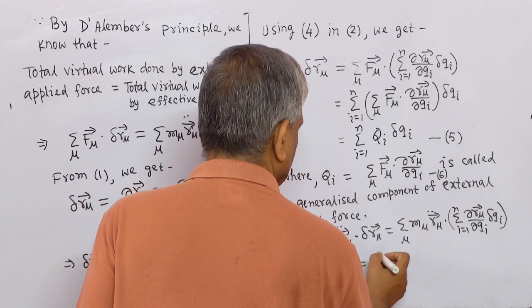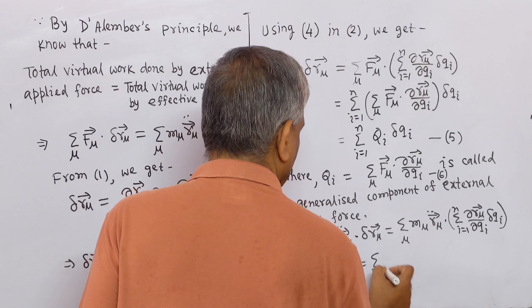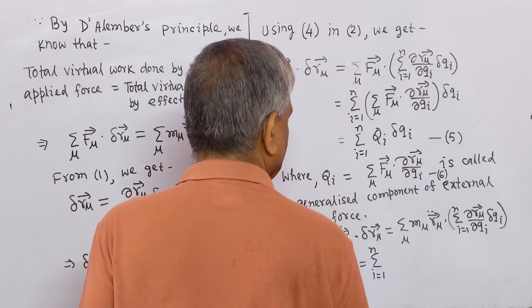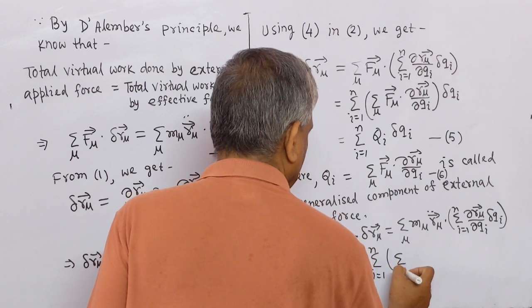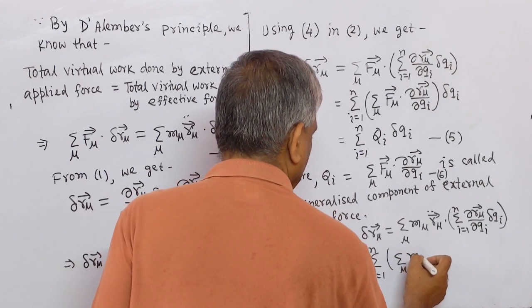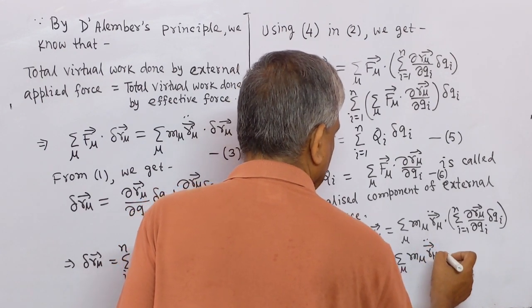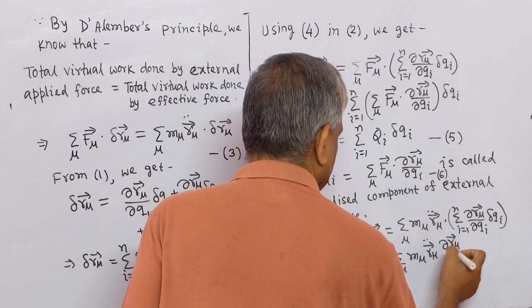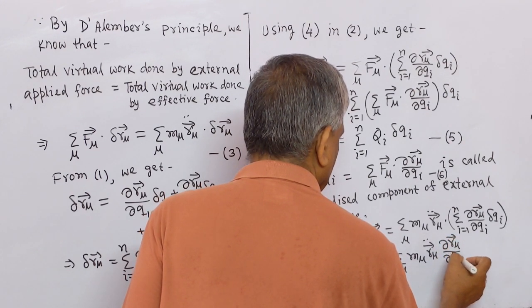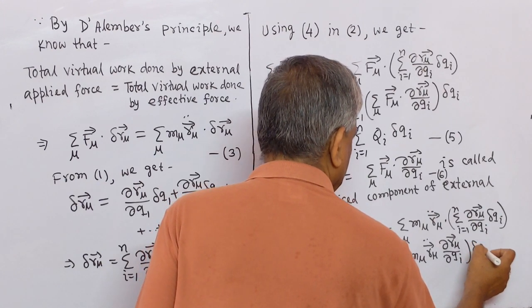This is equal to sigma i equal to 1 to n outside. We take here sigma mu m mu R mu double dot, the partial derivative of R mu vector with respect to qi times delta qi.